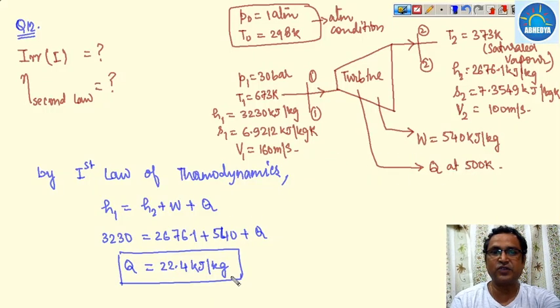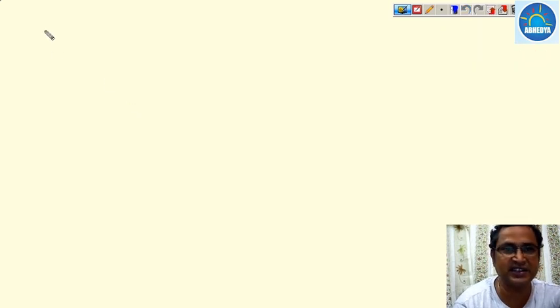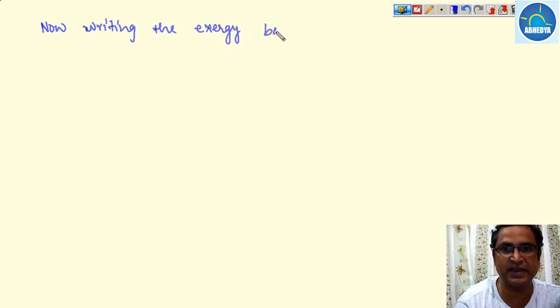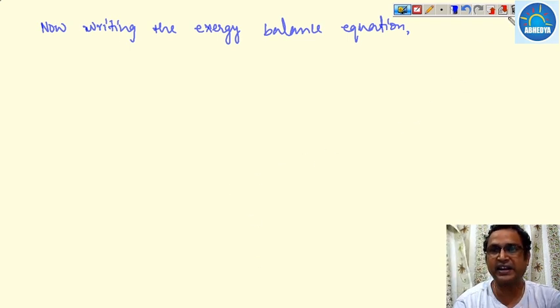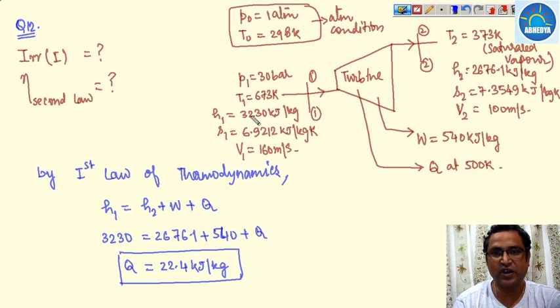Now I am just calculating the exergy balance equation. So now writing the exergy balance equation. So what is the exergy balance equation for this turbine? Basically at the inlet condition, only this mass is entering.